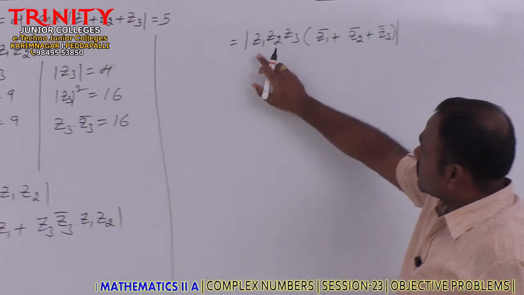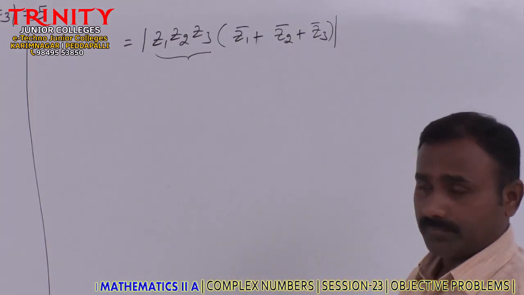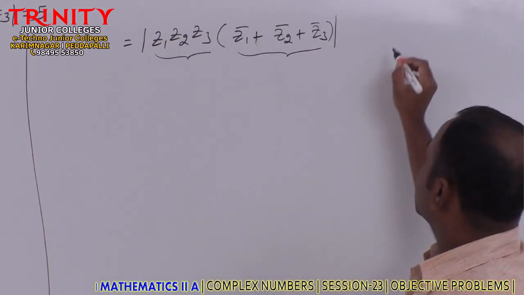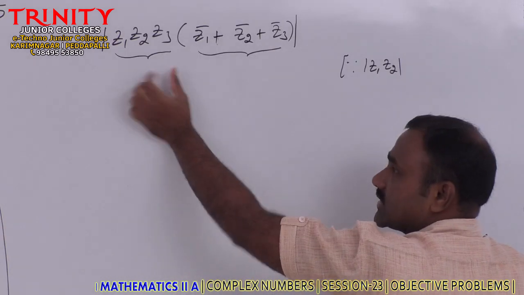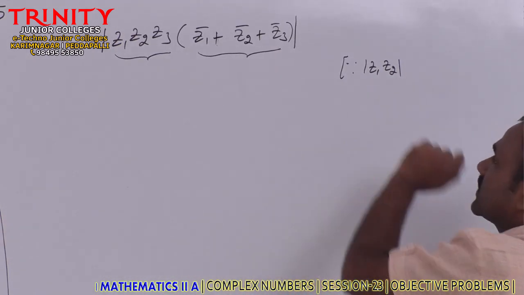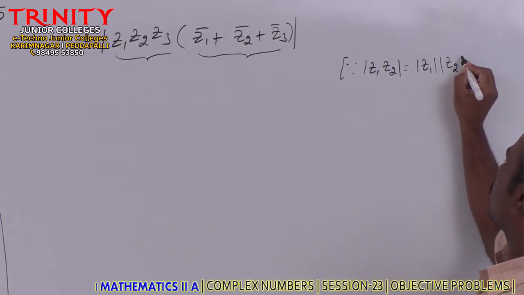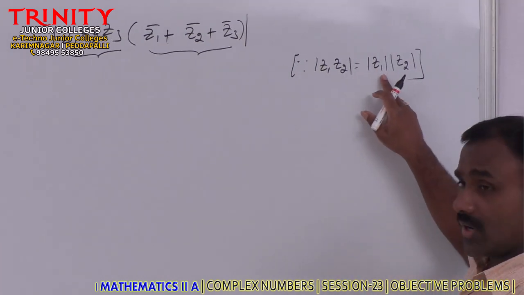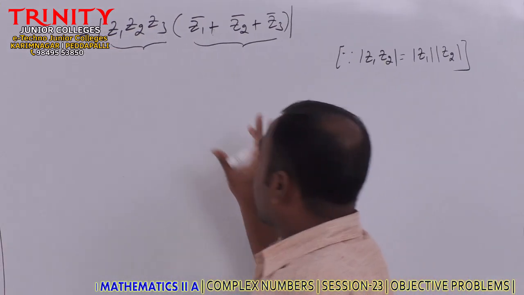Now see, after taking z1 z2 z3 common, if you treat this total z1 z2 z3 as one term and this total as one term, it is in the form of modulus of z1 into z2. Modulus of z1 z2 is equal to mod z1 into mod z2. Can I use this property here?